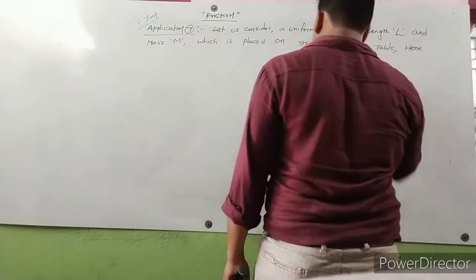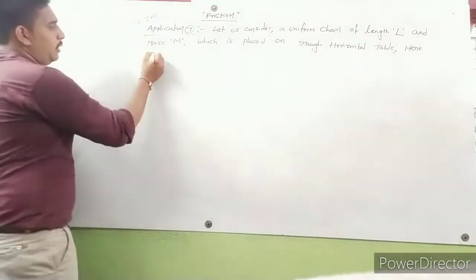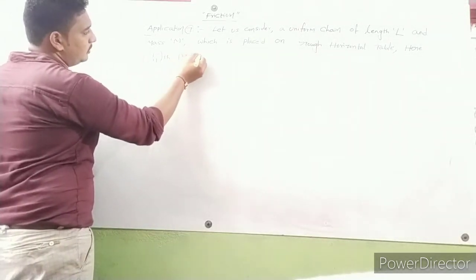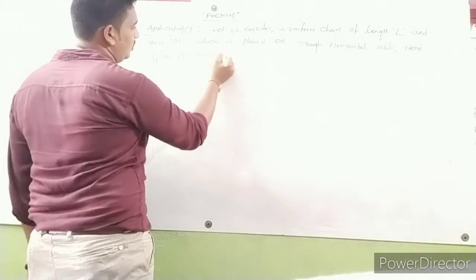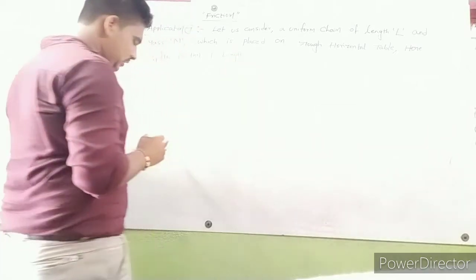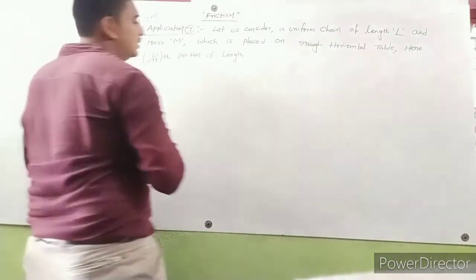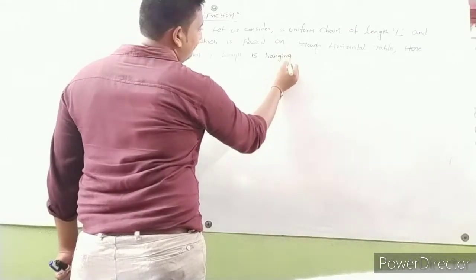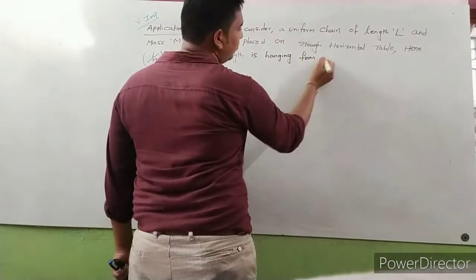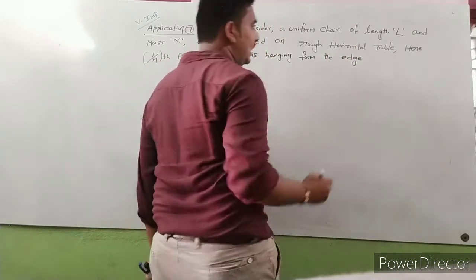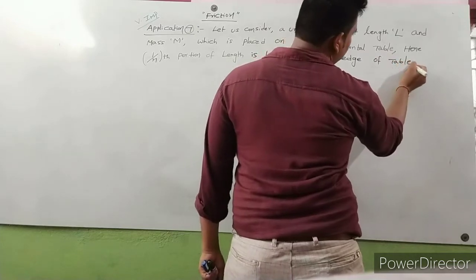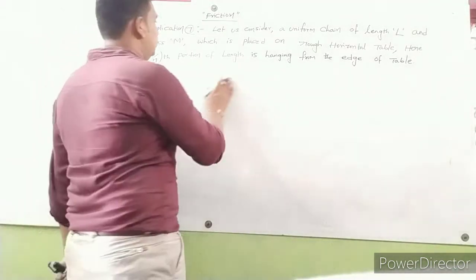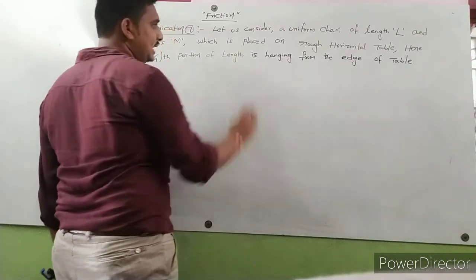Here, 1 by nth portion of the length of the chain is hanging from the edge of the table.